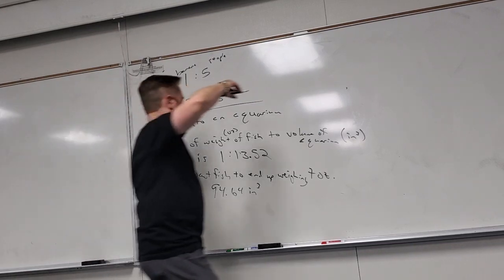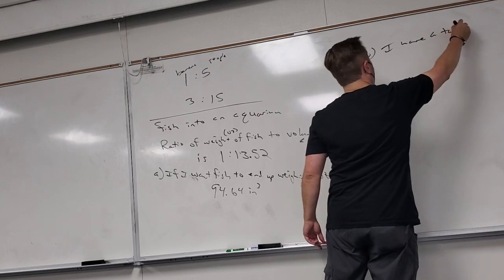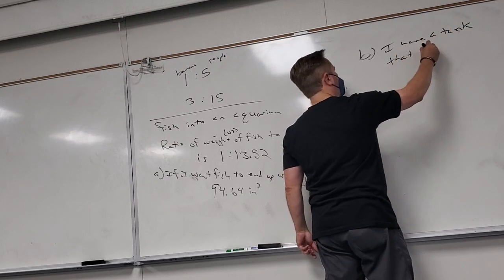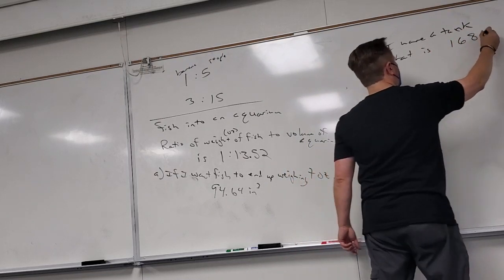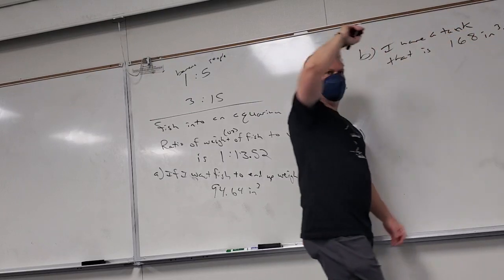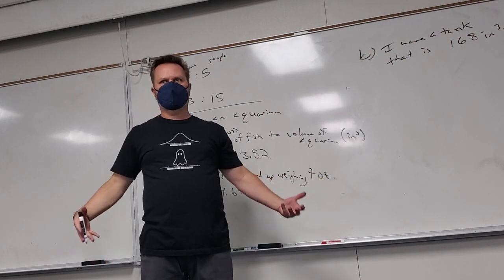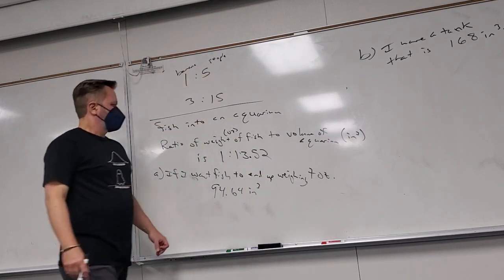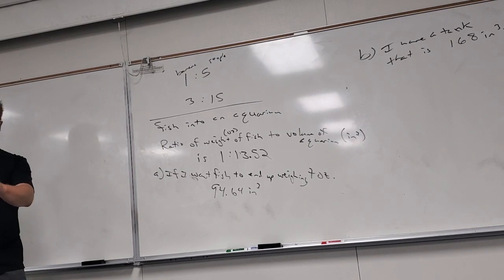So what if I have a tank that is, I don't remember what my number was, but 168 cubic inches. How big of a fish am I going to create? How massive of a fish will I create? You would divide that into the ratio? Maybe. You can do it a couple different ways.